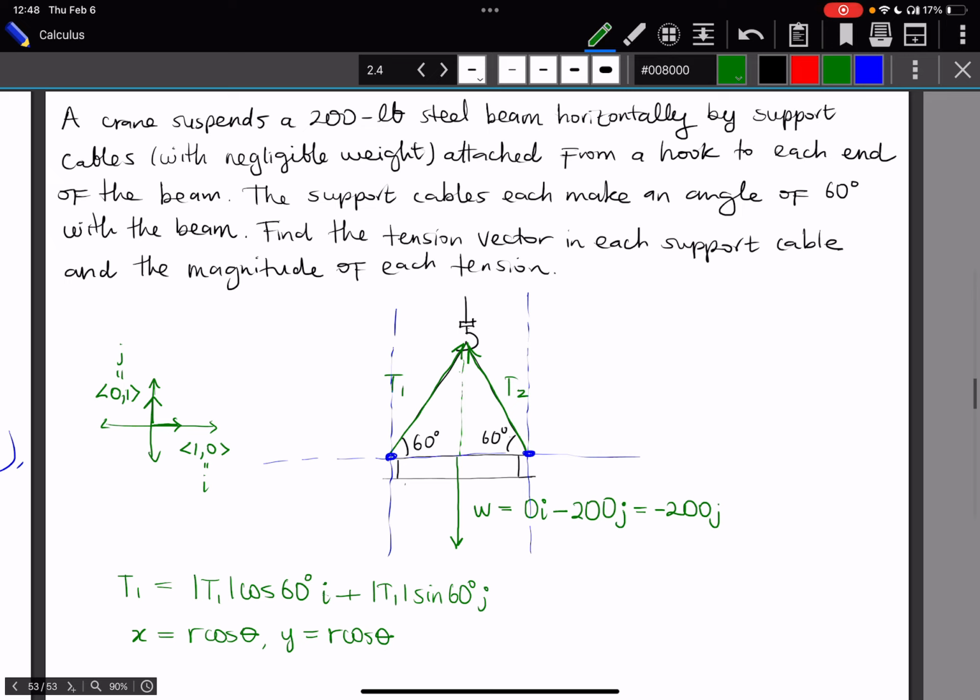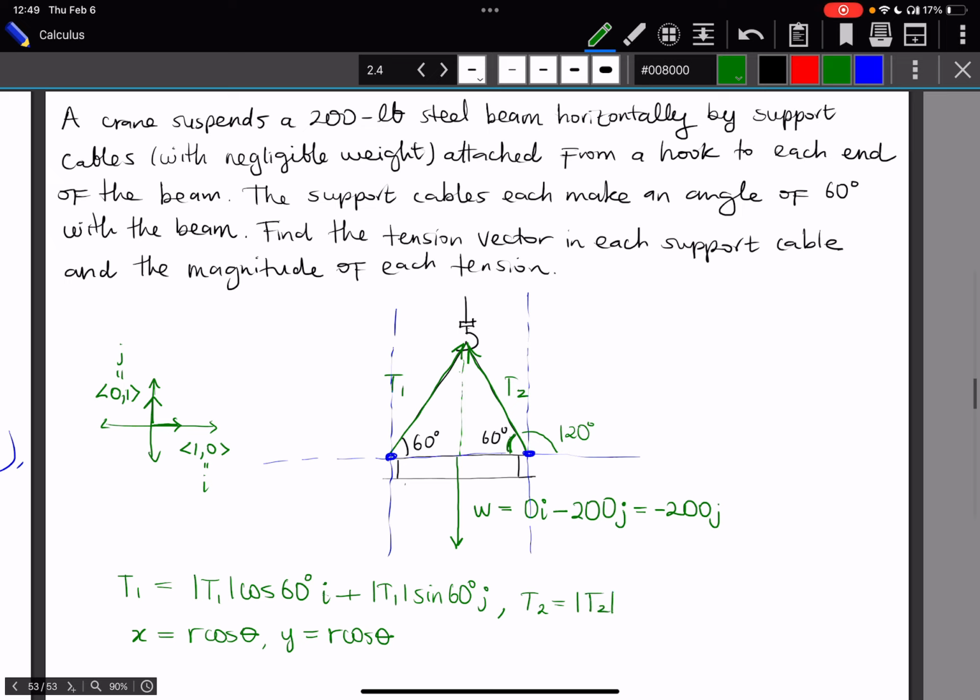Now, because we have 60 degrees right here, and the full thing would be 180, the angle we see here is actually 120 degrees. 120 degrees plus 60 degrees is 180 degrees. So for T2, we will have this representation of T2 in terms of its magnitude.